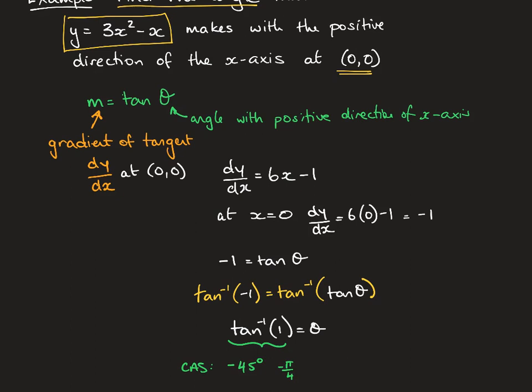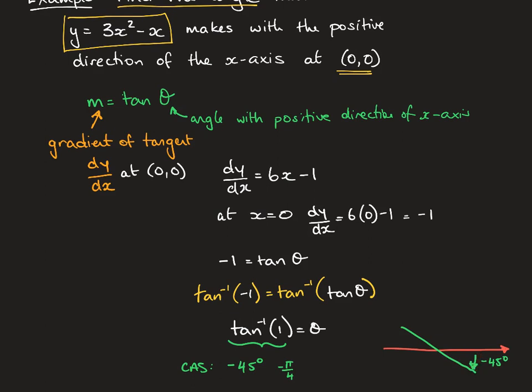That's because if you remember our work on our inverse functions, tan only exists in the first quadrant and the fourth quadrant. So what we've actually got here is a line that's sloping with a negative slope, and our calculator is telling us that the angle is actually minus 45.